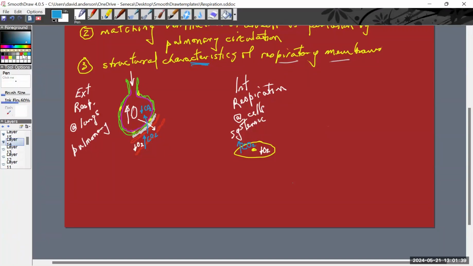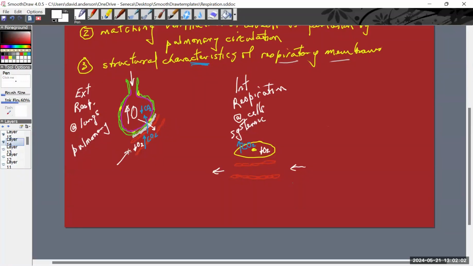Yes. Okay, so now here's our blood vessel. Very simple. That is carrying arterial blood, oxygenated blood, to the cells of the body. So it's going to travel in this direction.